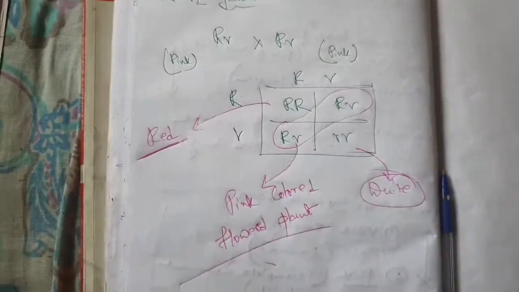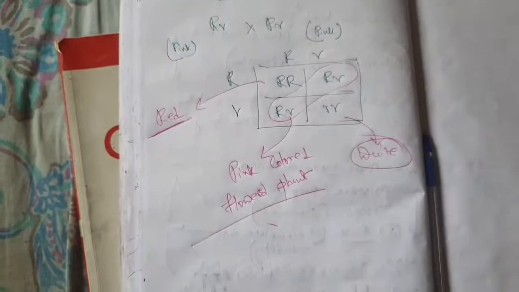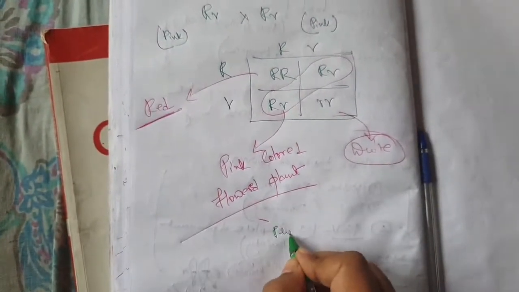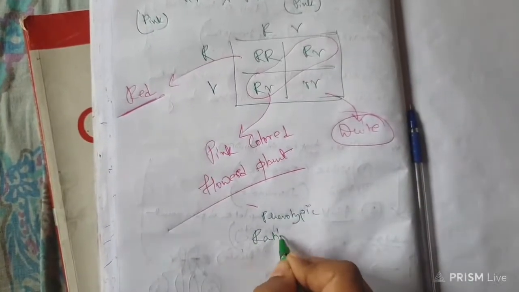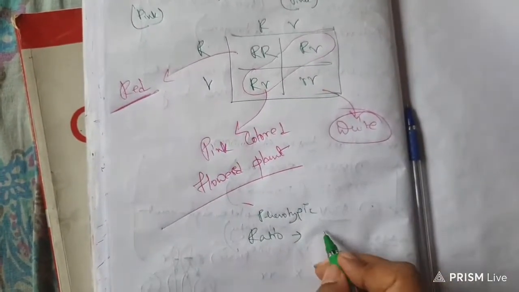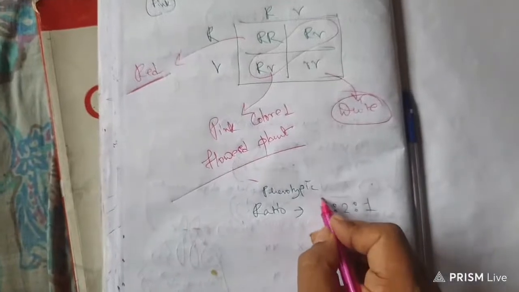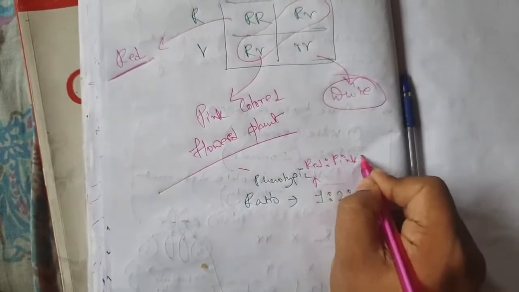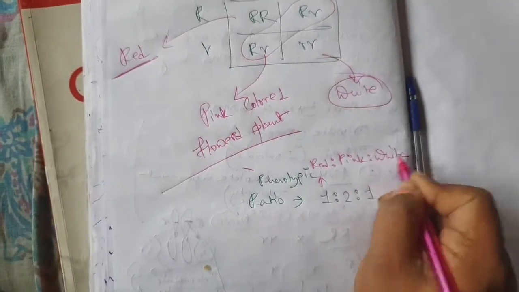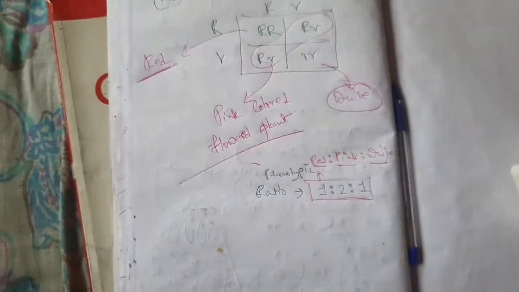Now, if I try to find out the phenotypic ratio of the F2 generation, you will get 1:2:1, because one flower will be red, two pink, and one white. So red to pink to white is 1:2:1, which is the phenotypic ratio.